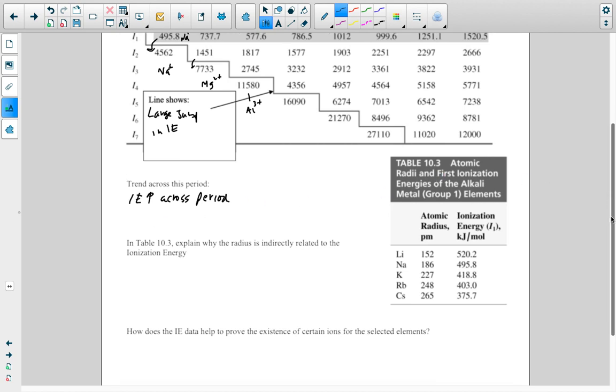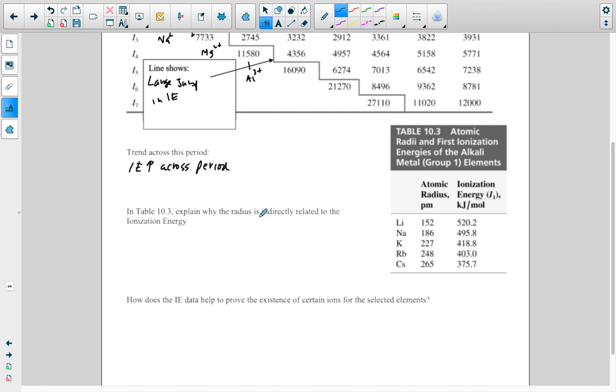We could say, explain why the radius is indirectly related. Okay, increased nuclear charge pulls electrons in closer. Okay, increased attraction.